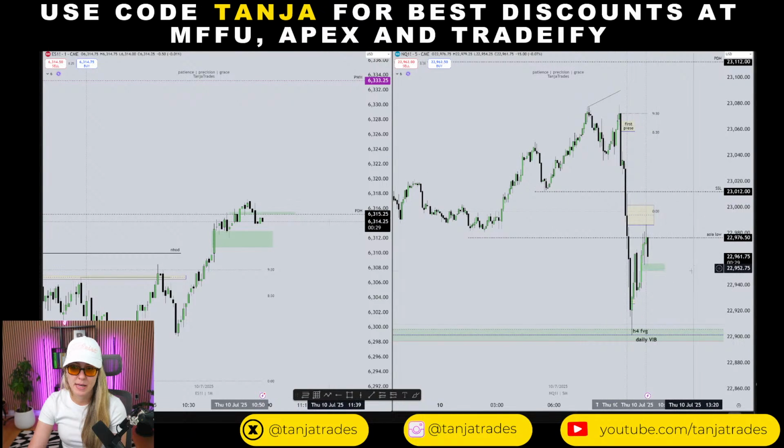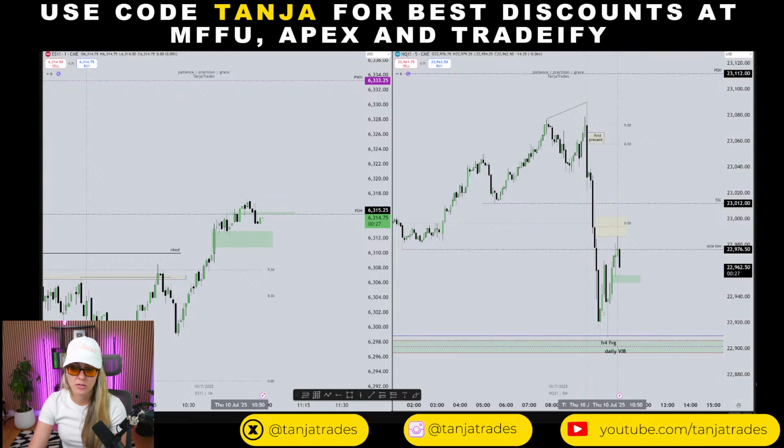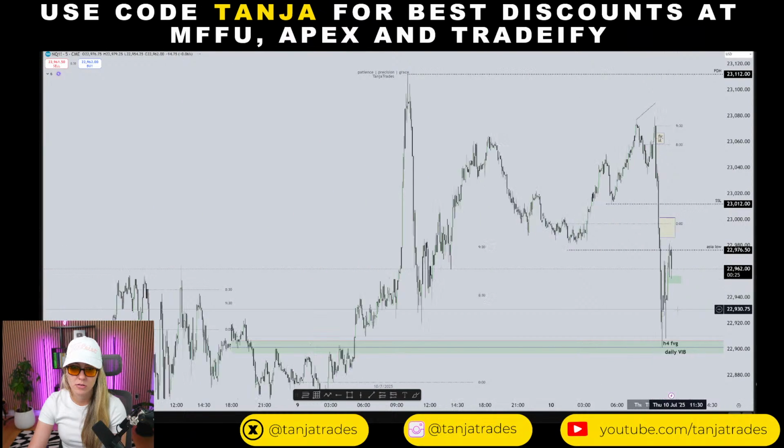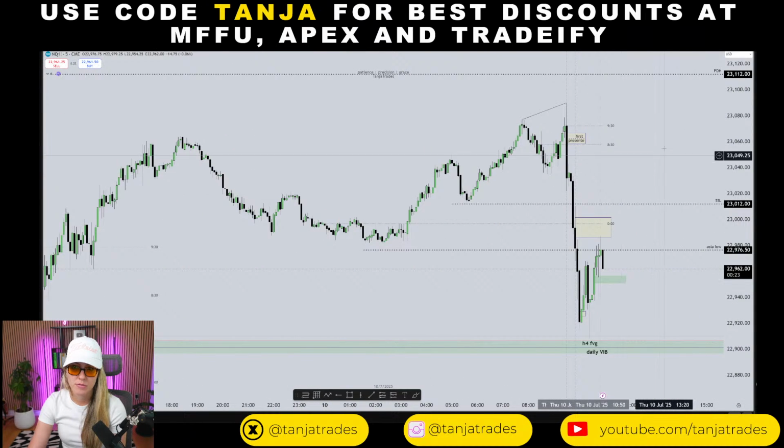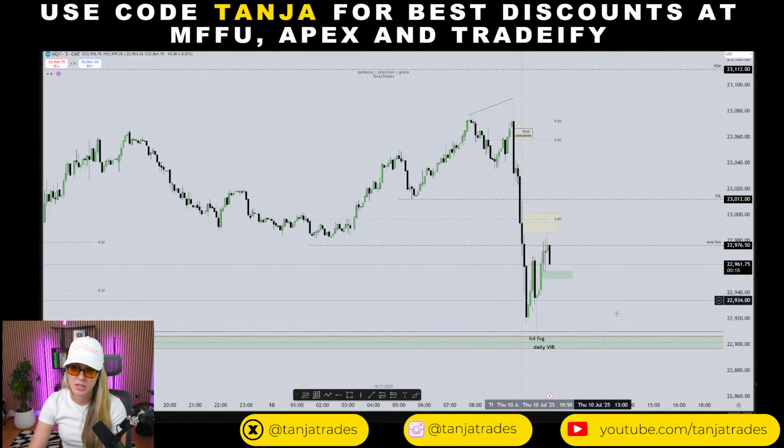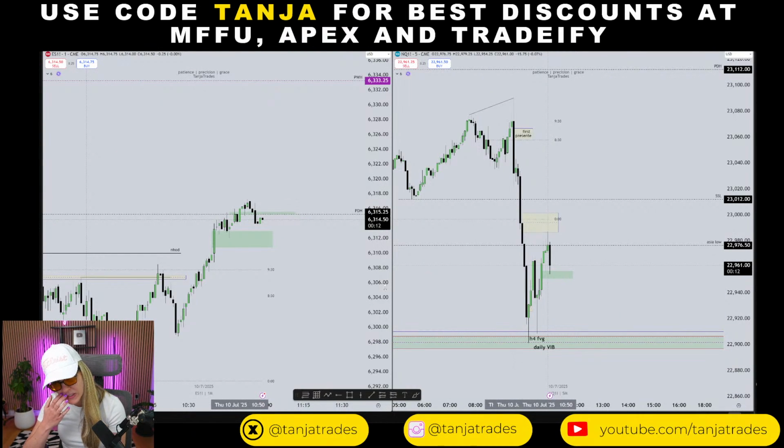This doesn't look like a bad idea to long here. And it could get to there. But it's just so much weaker. The ES is already all the way back up to here, so I don't really want to be longing weak.